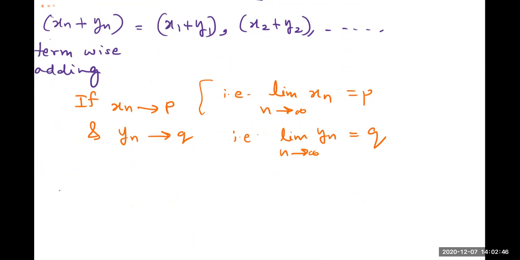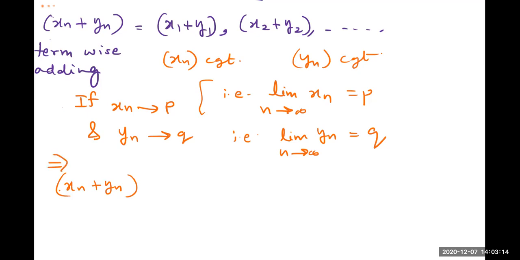Now I want to know कि this xn plus yn sequence, will it be convergent? See, here I am saying xn is convergent, and its limit is p. yn is also convergent. और उसका limit कौन है? q. So now I am asking ki, is xn plus yn convergent? And the answer is yes.